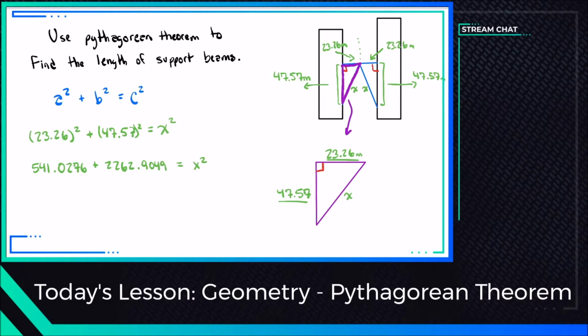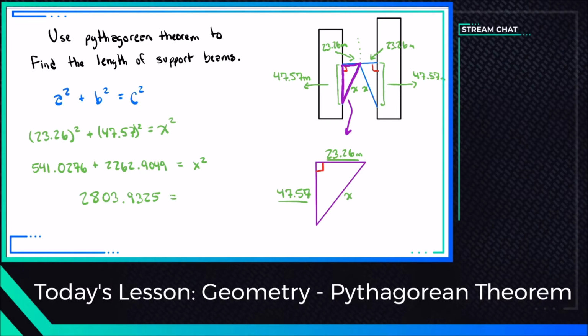And now if we want to add these two numbers together, we can do that real quick. So we're going to take 2,262.9049 and add to it 541.0276 to get 2,803.9325.